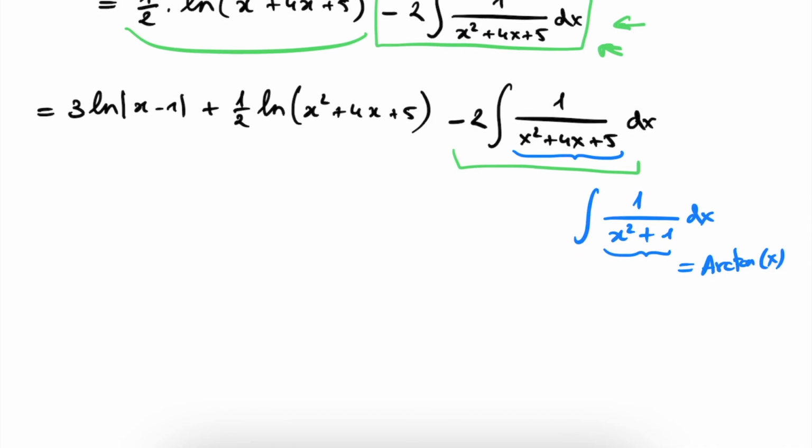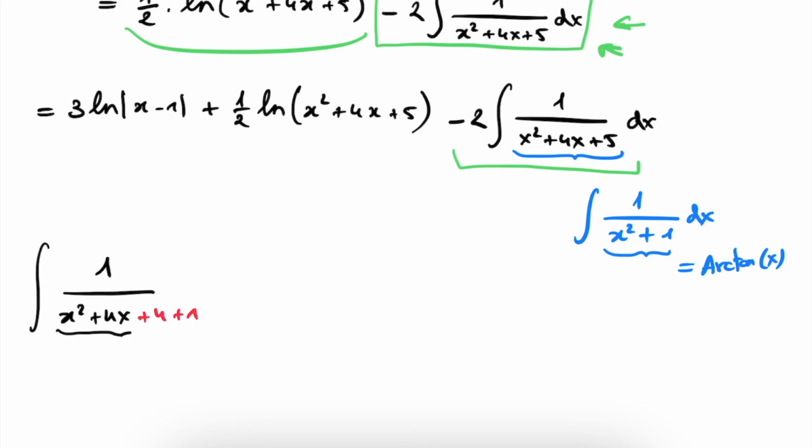To do this, we use a trick called completing the square. Let's look at the denominator. So we have x squared plus 4x plus 5. And we see that we can tear this 5 up into two parts. So we simply write 5 as 4 plus 1, which is still 5, right?